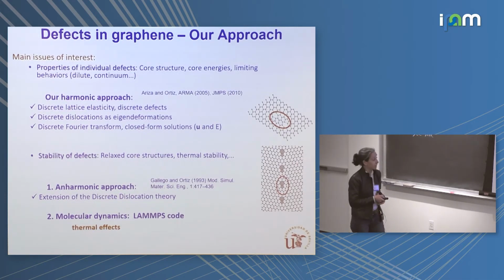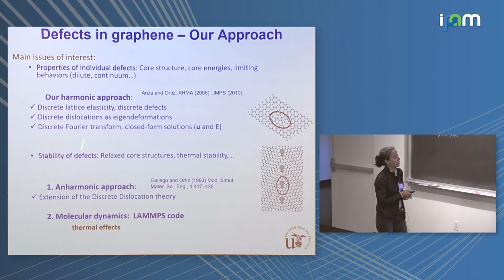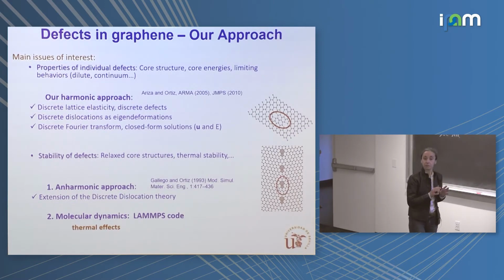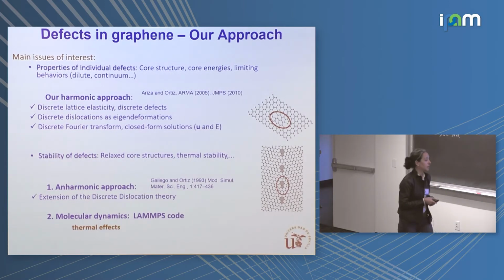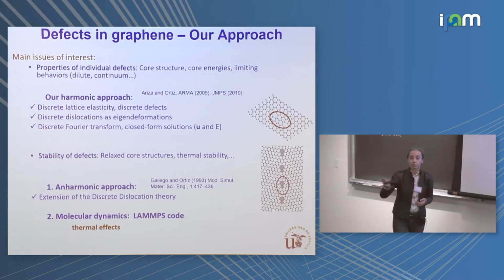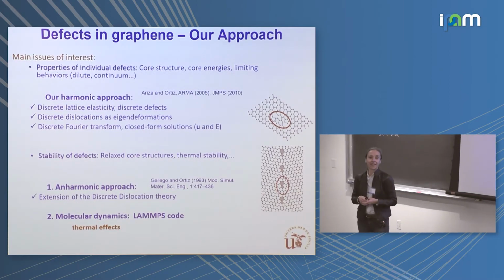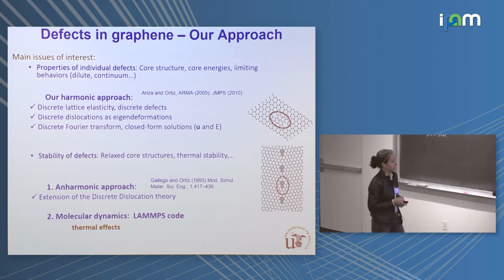We can either use our anharmonic approach, based also on the harmonic approach that I have already mentioned, or you just use your configuration with the defects already introduced, and you relax it using a well-known molecular dynamics code, or rather I would say molecular statics, because we try to avoid the kinetic energy, reducing the temperature in order to focus on the potential energy and the stability of the defects and structures that we are going to be working with.